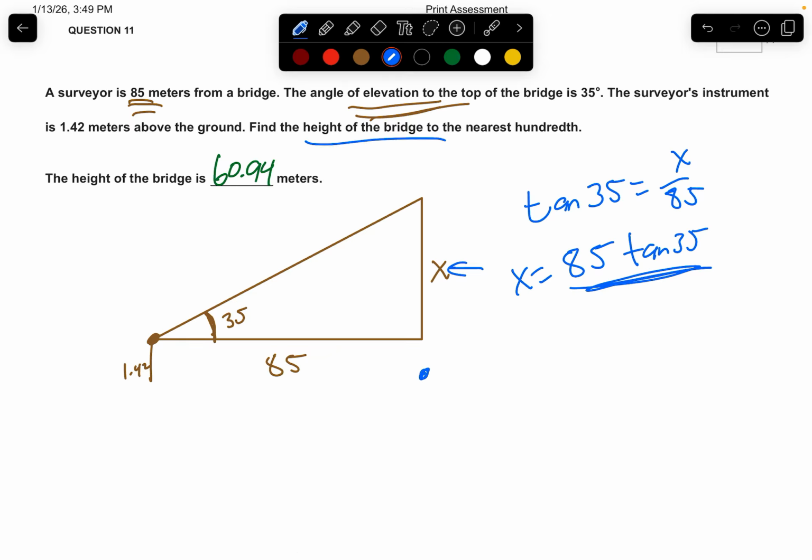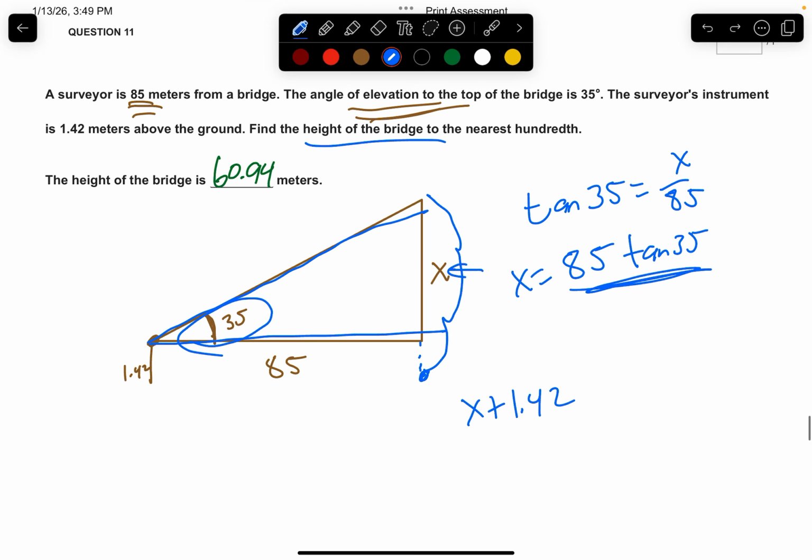But how do we find the height of the bridge? The height of the bridge starts here and goes to the top. So the height of the bridge is going to be x plus 1.42. We're not starting on level ground. Our instrument is above the ground, and we have to account for that by adding its starting height.